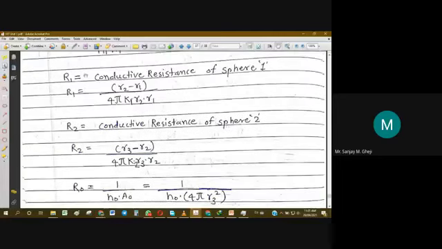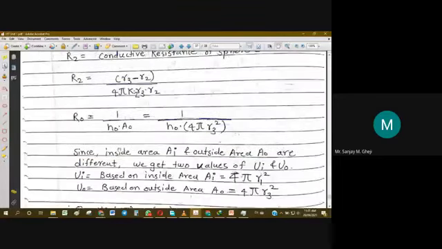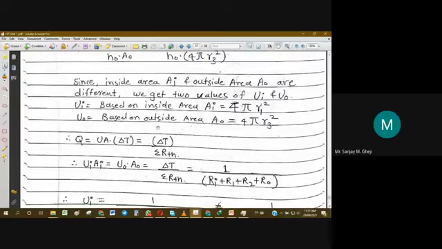If you put all these four components in the general equation, and as area is different from inner face to outer face because it depends on radius, we will get two values of U, just like in this hollow cylinder case, we get UI and UO. UI will be based on inside area and UO will be based on outside area.